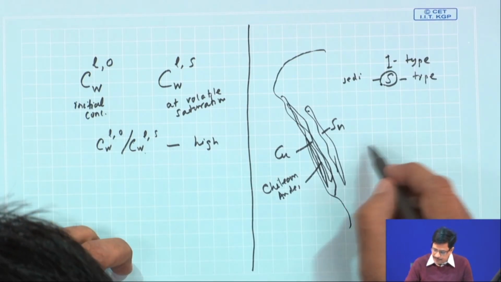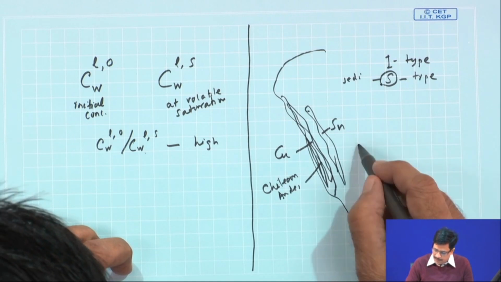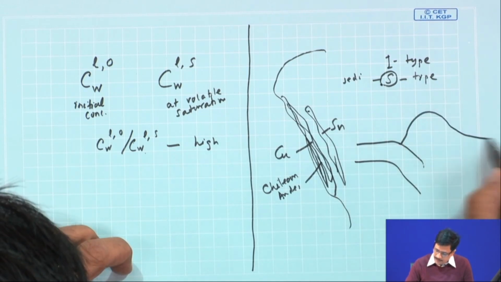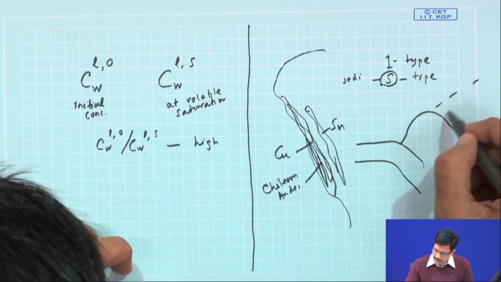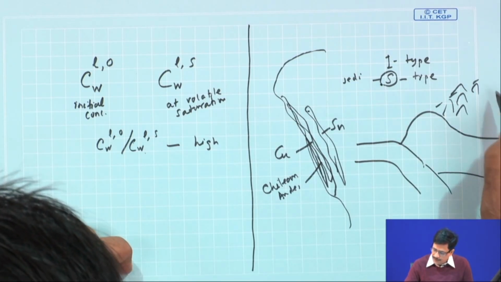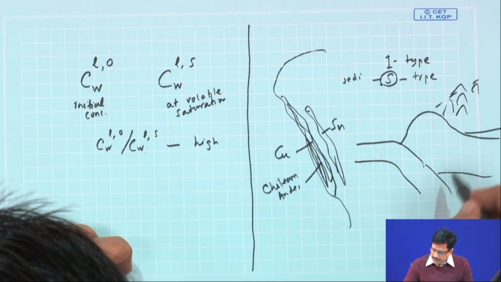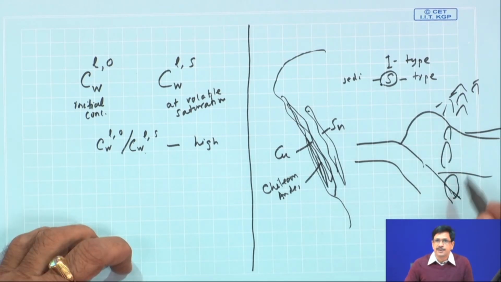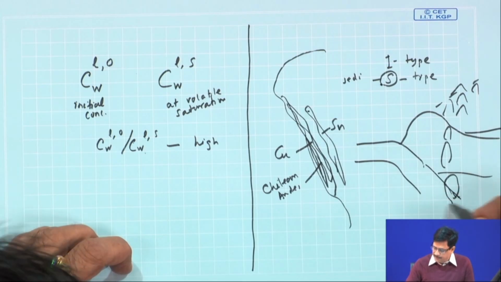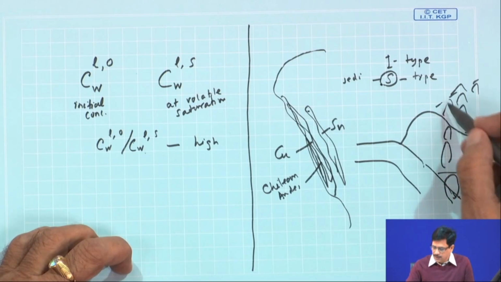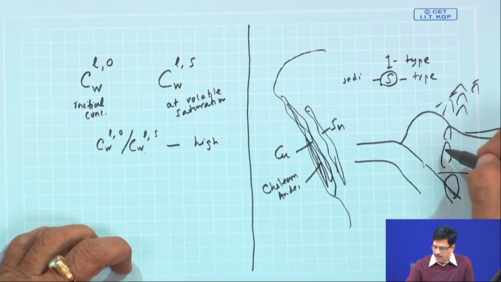If we look at the Chilean margin, here we have the Chilean Andes, and the melts generated from here come from the melting of the slab and basically form the stratovolcano, and that is the region for the porphyry copper deposit.